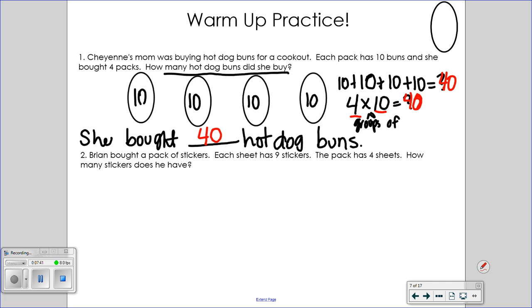0. If we have groups and they've got stuff in them, would it make sense that our answer be 0? No. What else would be not reasonable? Eva?